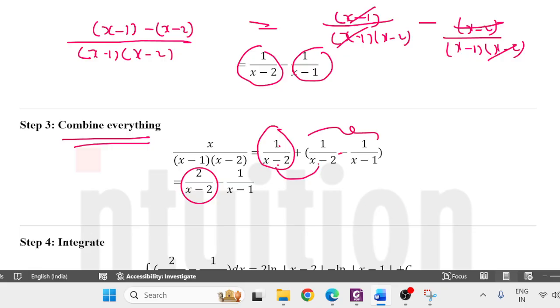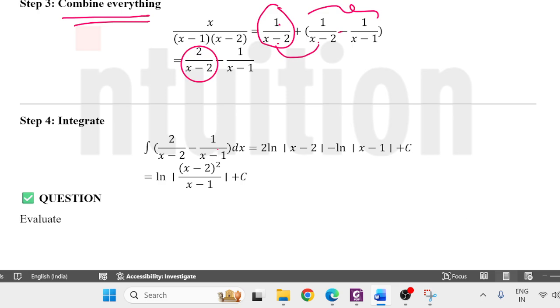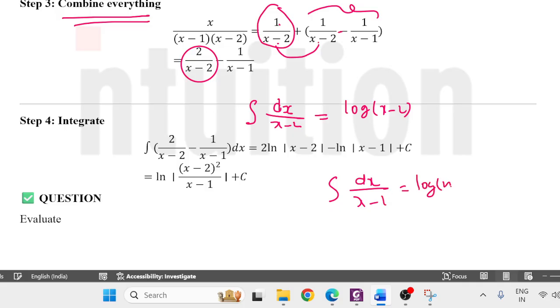So coming back to the integration part, as we have already discussed, we know the integration of dx divided by x minus 2 is equal to log of x minus 2, and integration of dx by x minus 1 is equal to log of x minus 1.